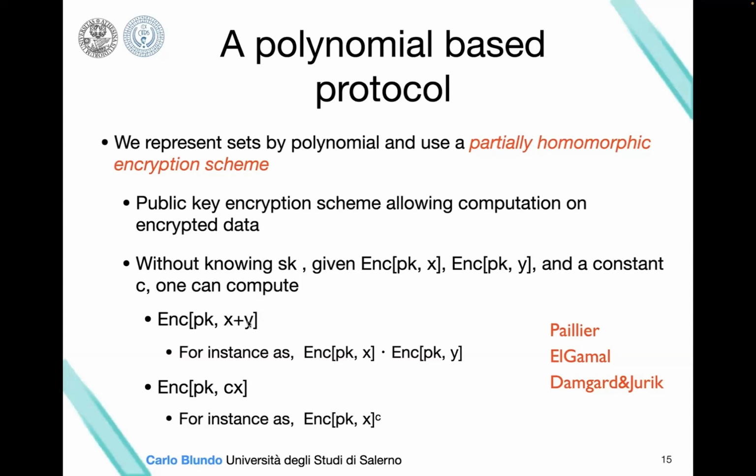For instance, we could compute the encryption of the sum of X and Y. Depending on the protocol we use, this could be computed by multiplying the ciphertexts corresponding to X and to Y. Or, using the encryption of X and the constant C, we could compute the encryption of C times X. For instance, in some encryption schemes, we can compute this value, the encryption of C times X, just by raising the encryption of X to the C.